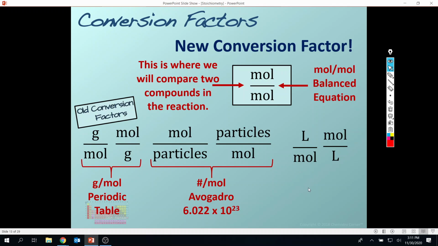Liters to moles involves the volume of a gas and the moles of a gas. And it comes from the conversion factor that all gases will have 22.4 liters of gas in 1 mole of gas at standard temperature and pressure. If you change the temperature or if you change the pressure, you would get a different value.